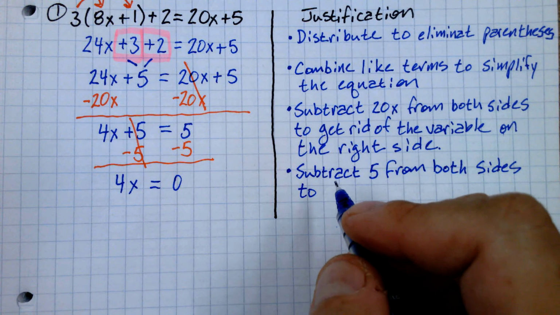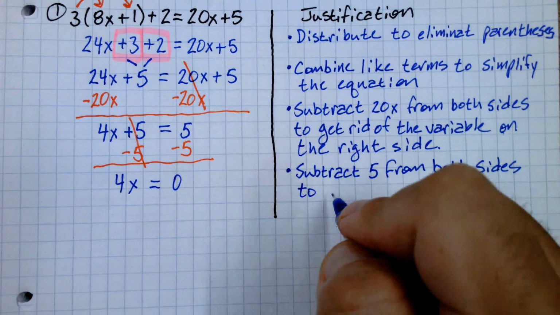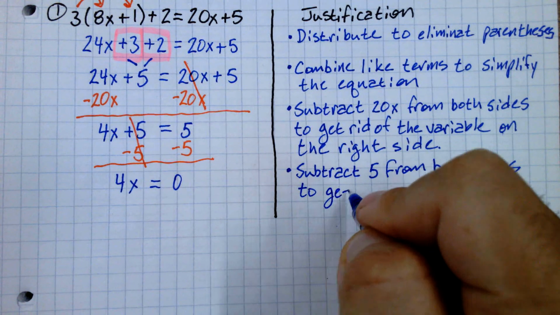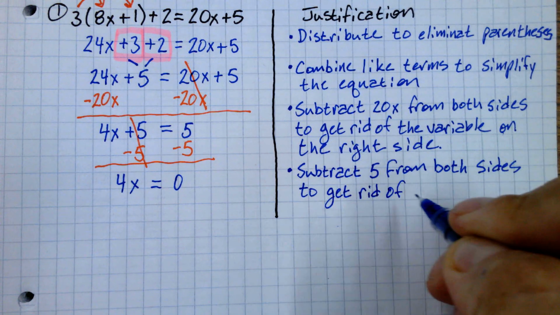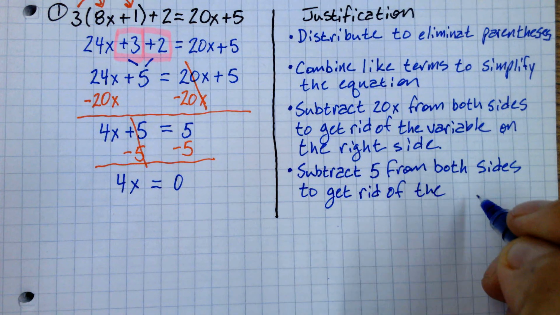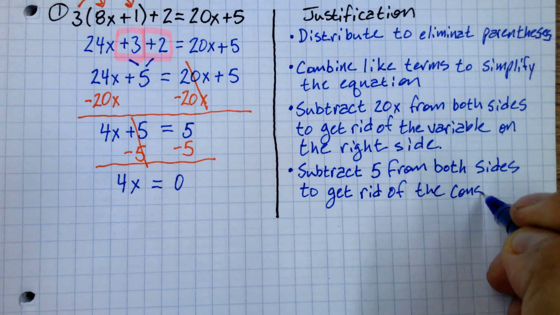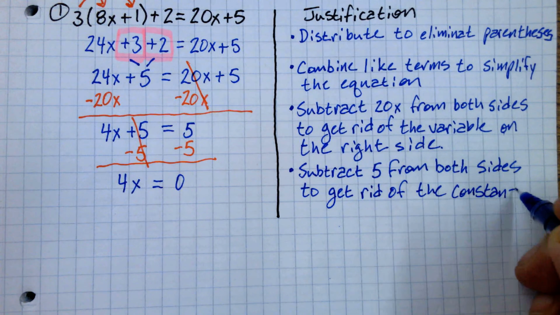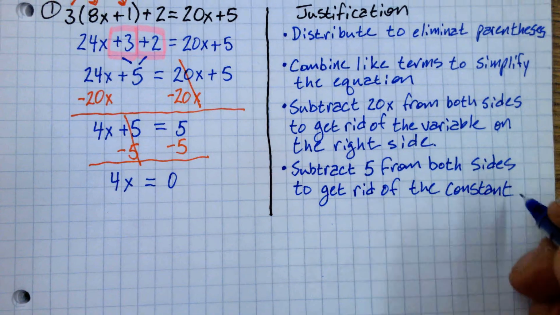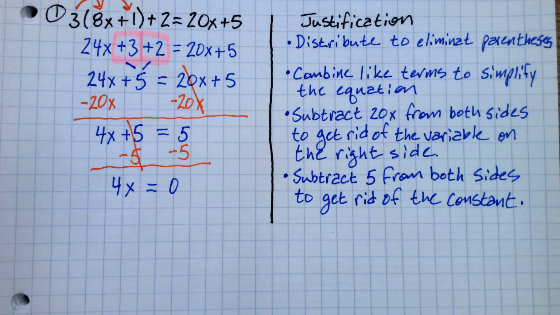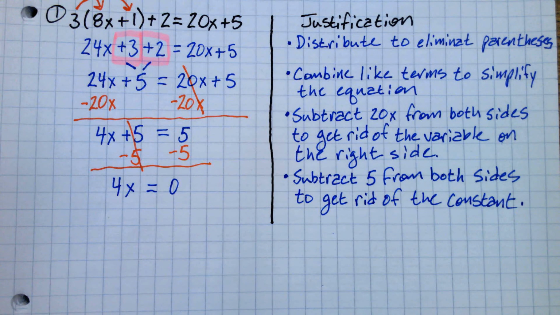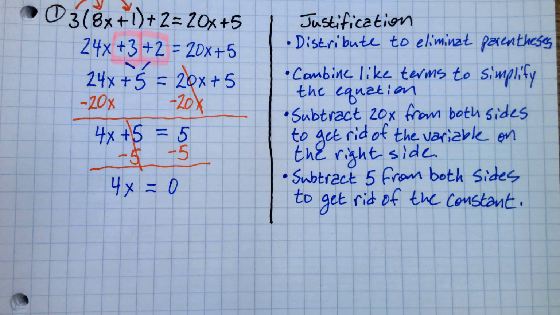To get rid of the constant. Subtract 5 from both sides to get rid of the constant. Boom. Now we're just one step away.